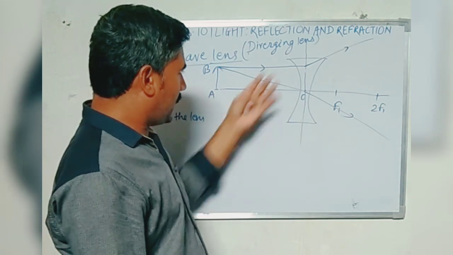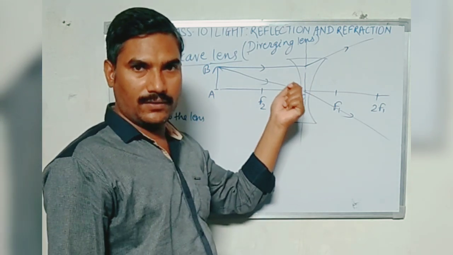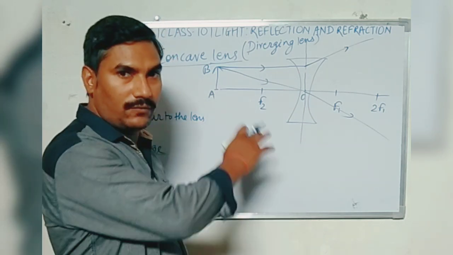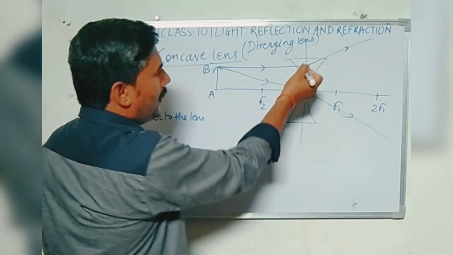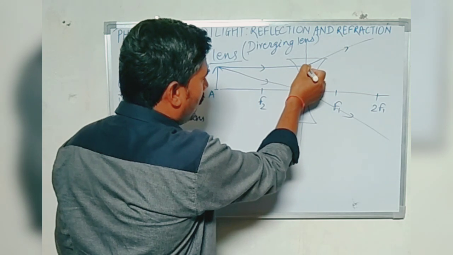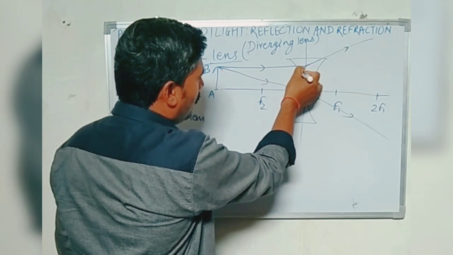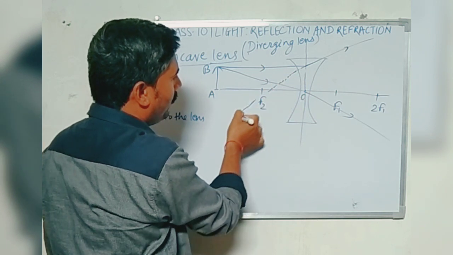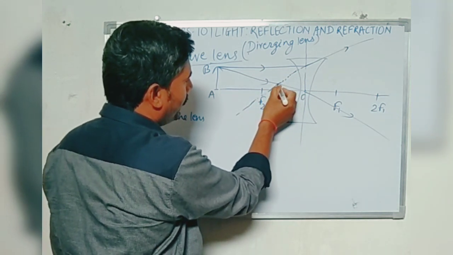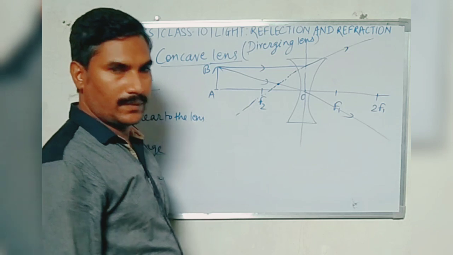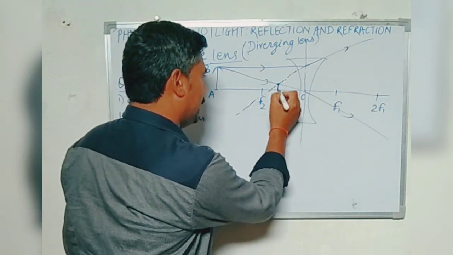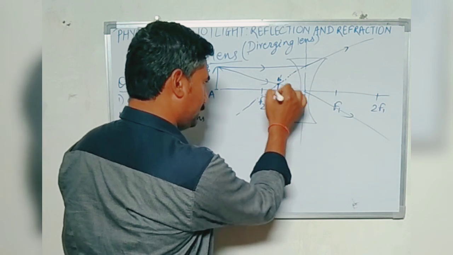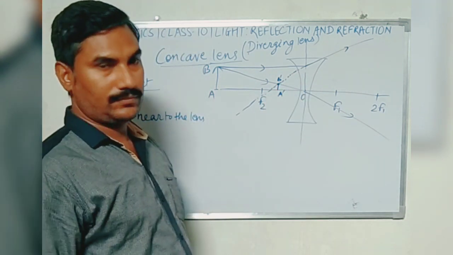So can we have a case of forming a virtual image? Yes, this will be the case of formation of virtual image, because if we proceed this refracted ray backward, we will find an intersection point here, and this intersection point forms image A dash B dash.